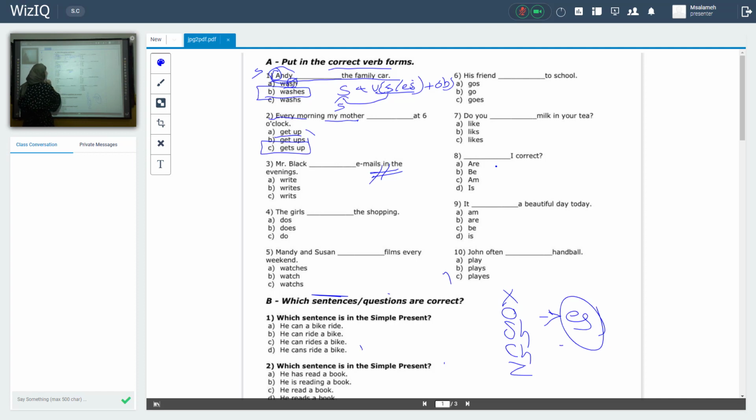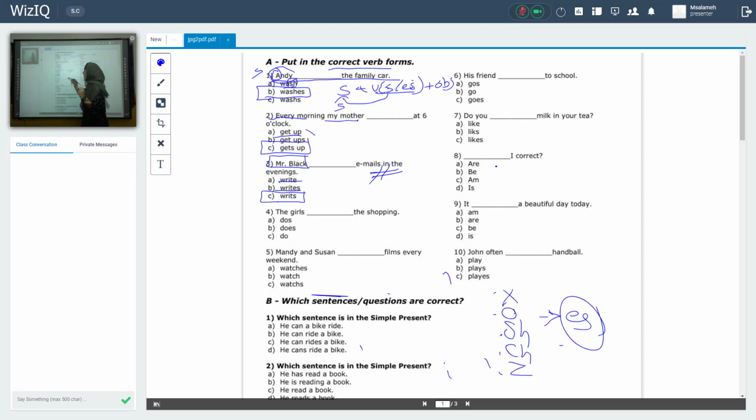Okay. So, Mr. Black is a singular subject, so I will add S or ES to the verb. Write with ES? No, because I don't have these letters at the final position. So the right answer is writes.